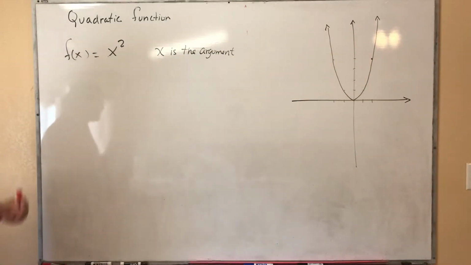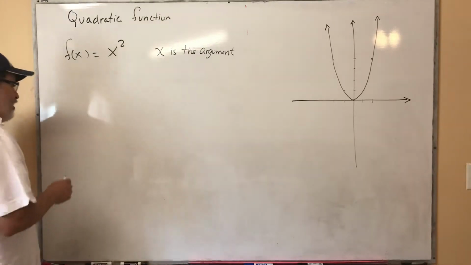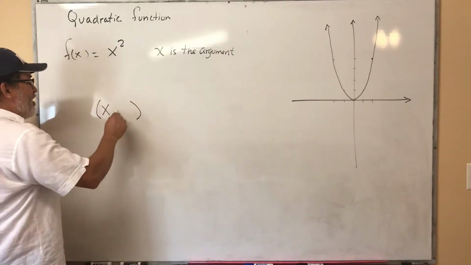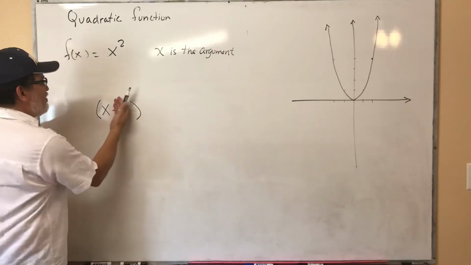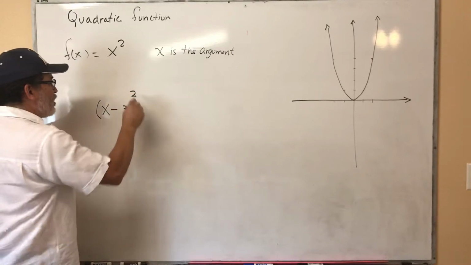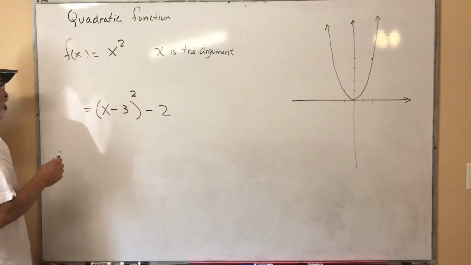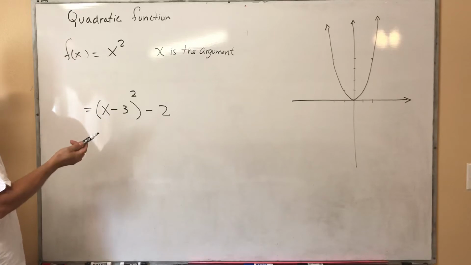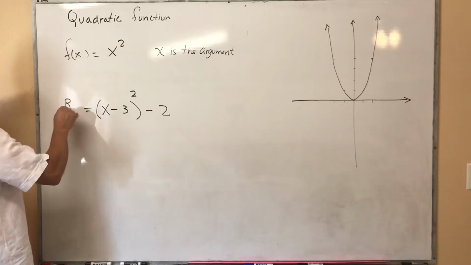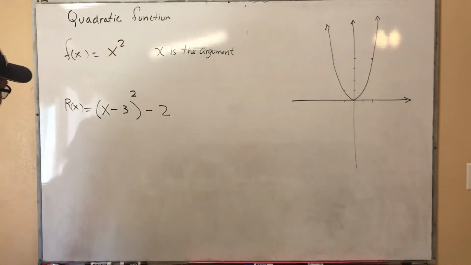All right, so watch what's going to happen. This is (x minus 3) quantity squared minus 2, and I'm going to call it, what should I call it now? Can I call it r of x? Sure.